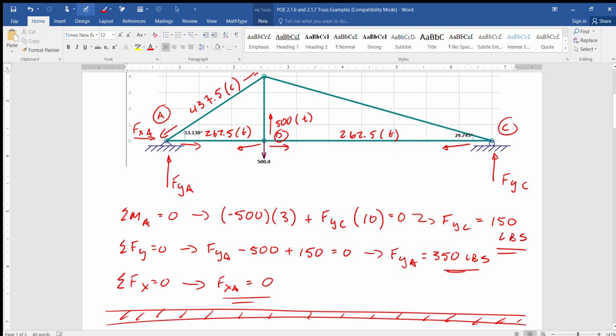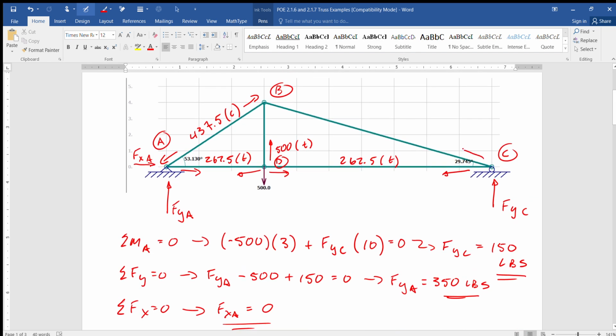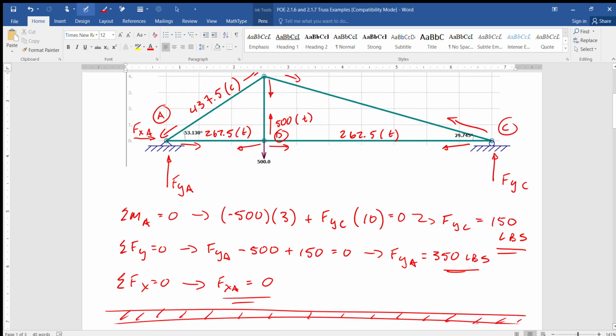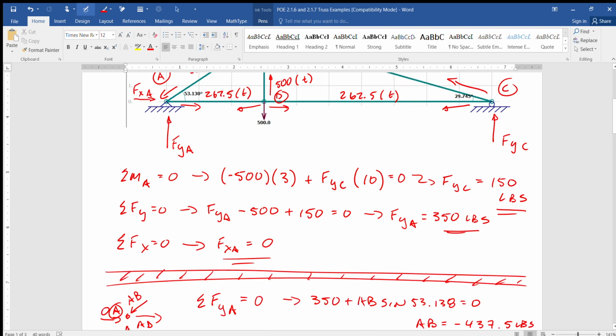FYC we know, so we can go and figure out what the beam BC here is. And we draw arrows like this, arrows like that. I could go figure out point B, but that's kind of a hassle. I'm not in the mood. So we'll do that. So let's use point C because that's the only beam we need to know is BC.